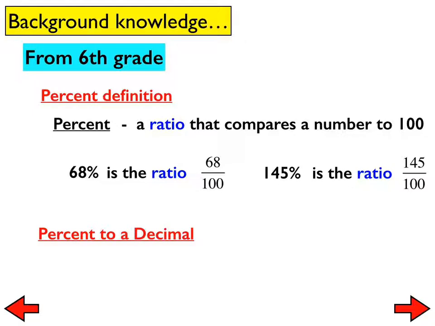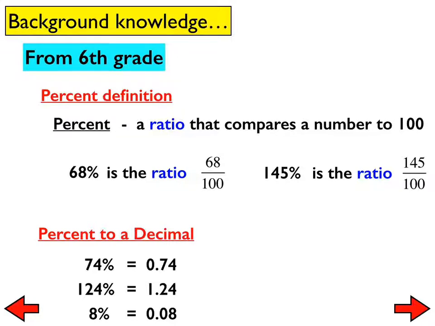You should have also talked about how to convert a percent to a decimal. 74% is 0.74 because it's 74 hundredths. Same thing with 124%. That's 1.24 because that's 124 hundredths. 8% is 0.08 because that is 8 hundredths.